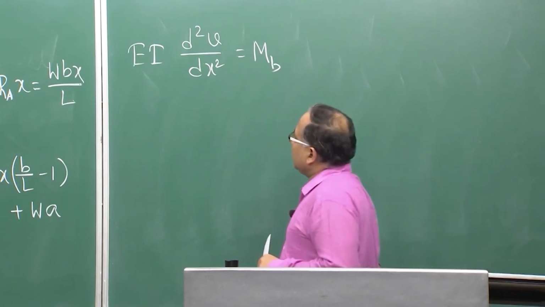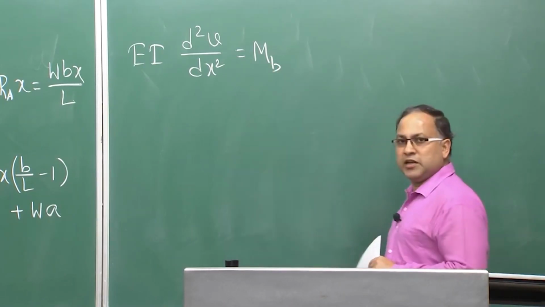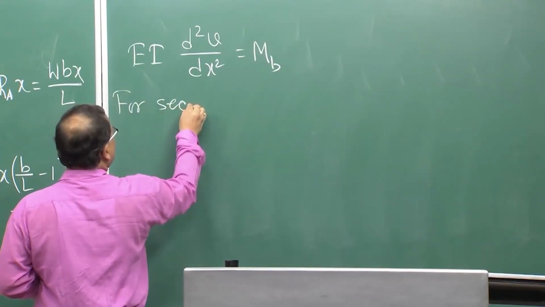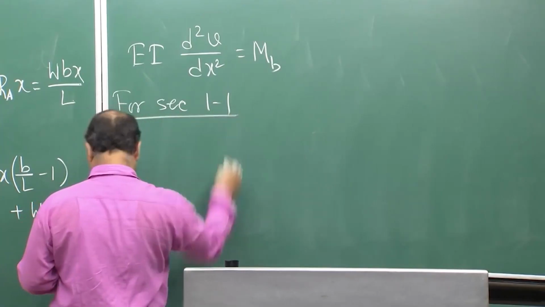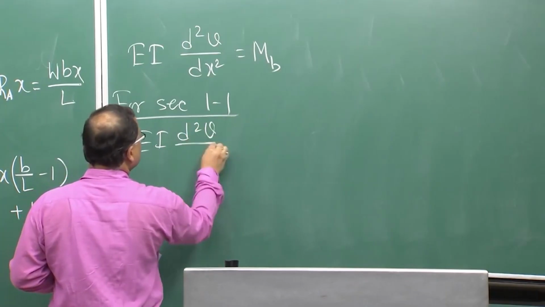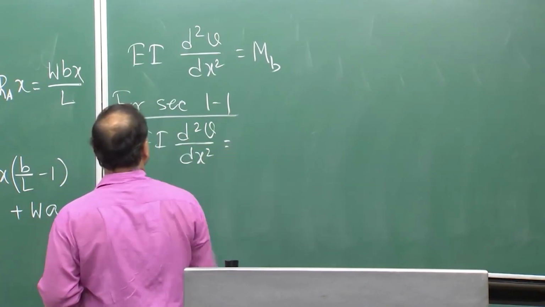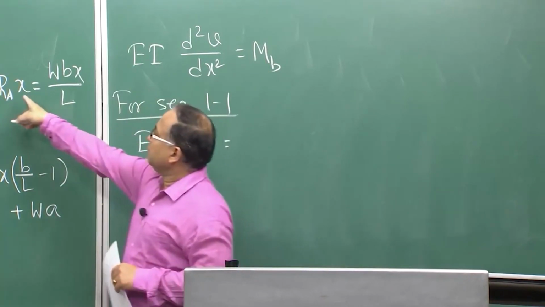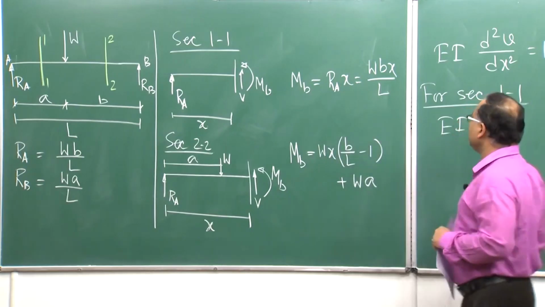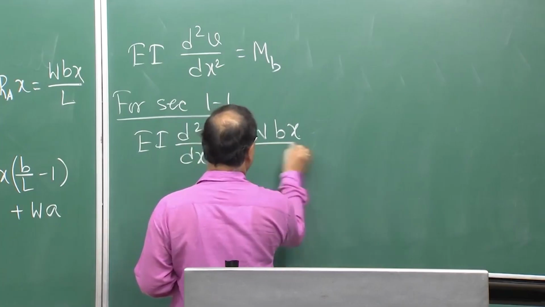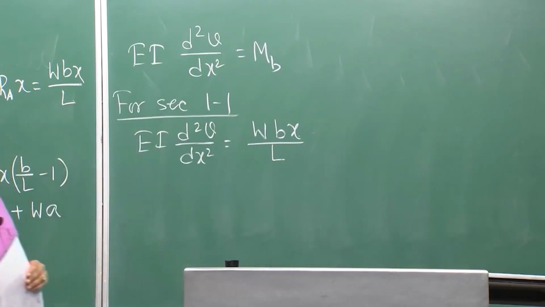So, for section 1-1, if I apply this moment curvature relation, I will get EI d2v dx2 equal to the bending moment. What is the bending moment in section 1-1? That is Wb x by L. Very simple.